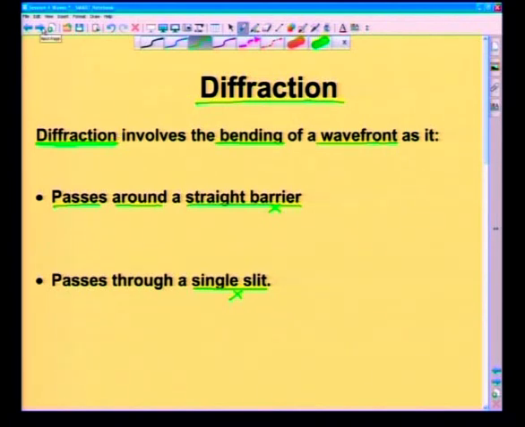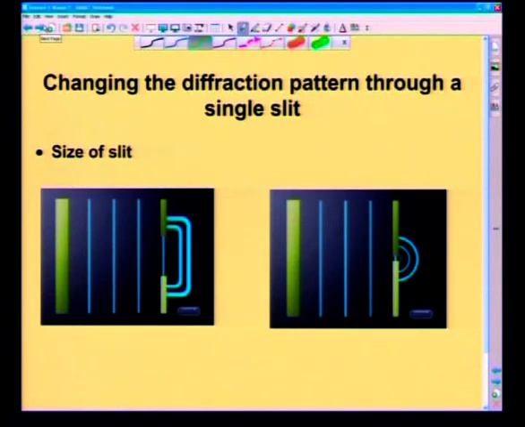Now, let's look at the diffraction patterns. What happens when the waves pass through a slit?